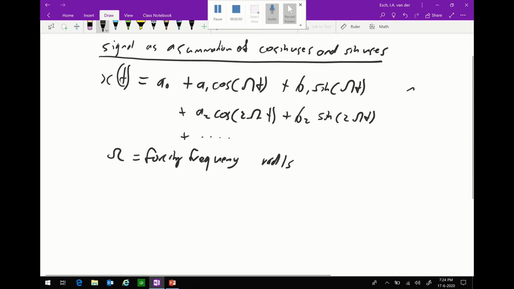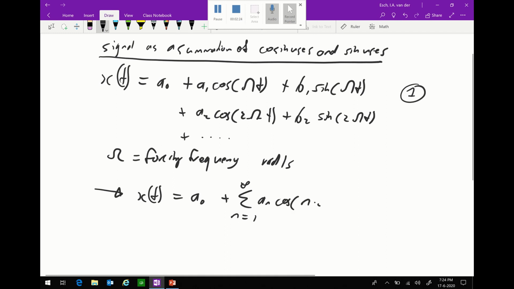And I can write equation number 1 shorter, like this. x(t) is a naught plus the summation from n is 1 to infinity of an cosine n omega t plus a summation from n is 1 to infinity of bn times sine n omega t.